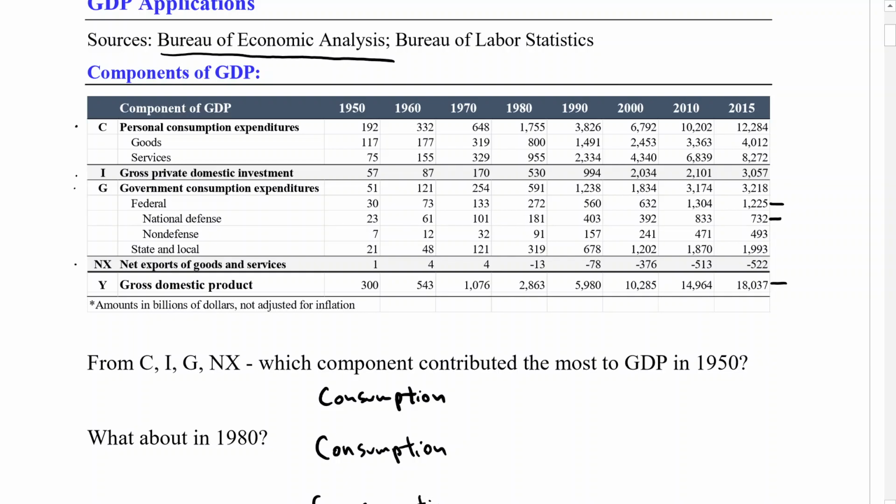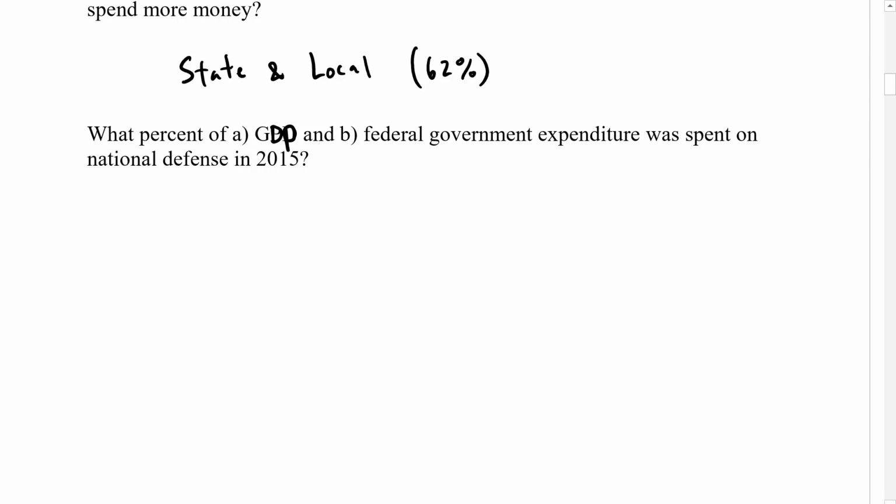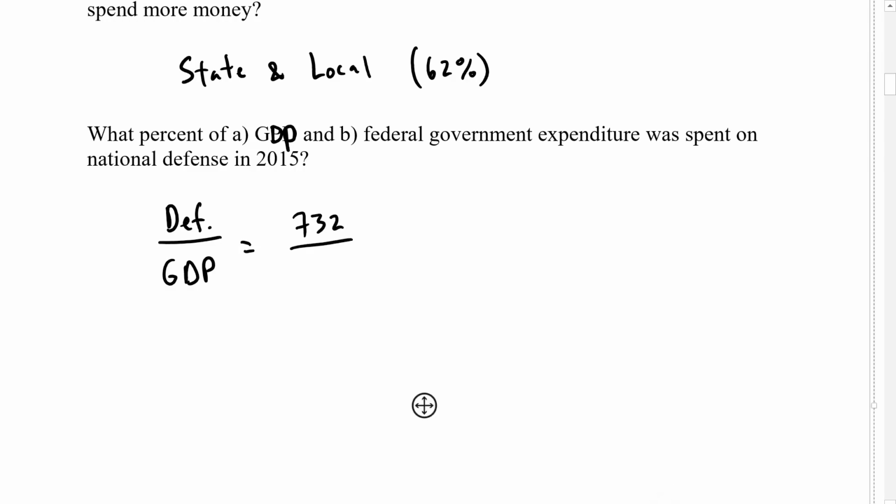So that's where we're getting these numbers. As a percentage of total GDP, we can just take defense spending divided by GDP. That's 732 billion over 18 trillion, and that'll come out to 4.06%.